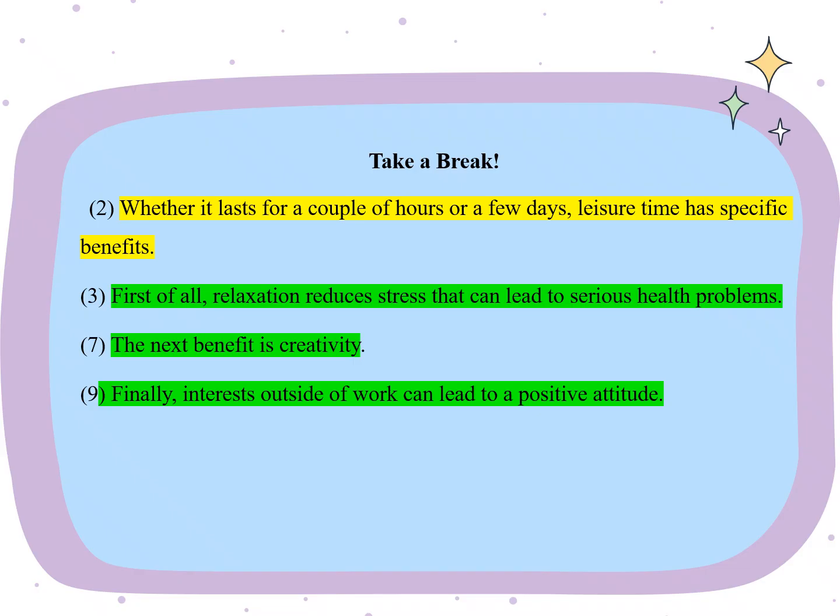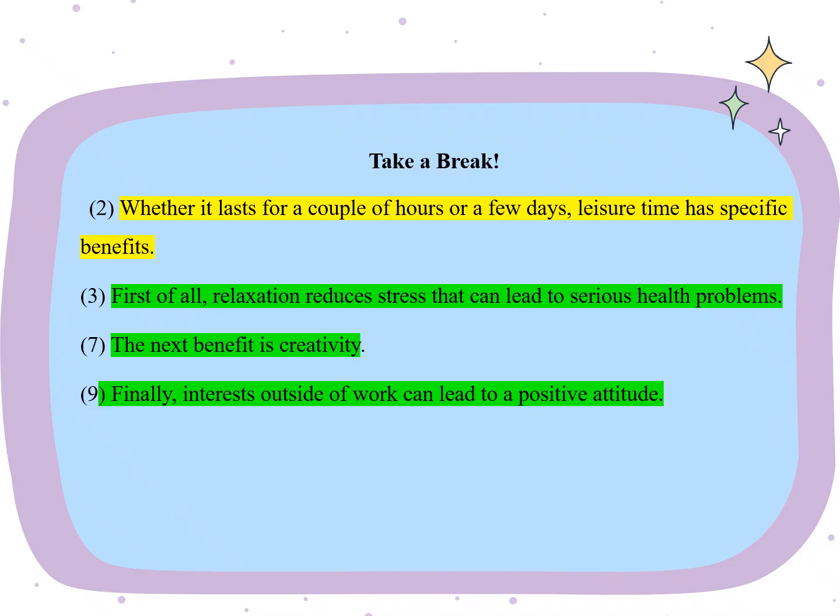For the second main point sentence, the next benefit is creativity. What is the keyword to express the key meaning? Creativity, right? For the third main point sentence, finally, interest outside of work can lead to a positive attitude. What is the benefit? What is the key meaning? What are the keywords?